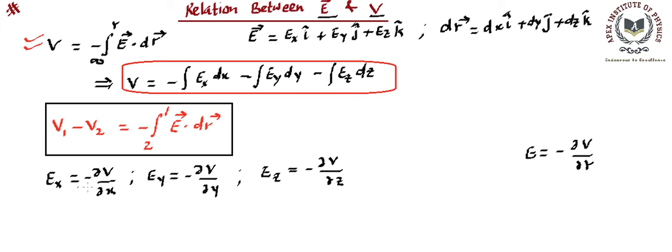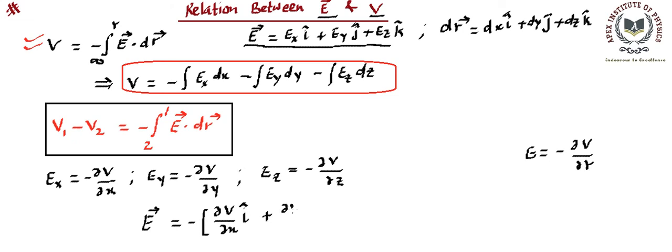Now if we combine these Ex, Ey, Ez to form the total electric field E in this manner, we will get the E vector as, we can take this minus sign outside, and within the bracket it is going to be del V upon del x i cap plus del V upon del y j cap plus del V upon del z k cap.